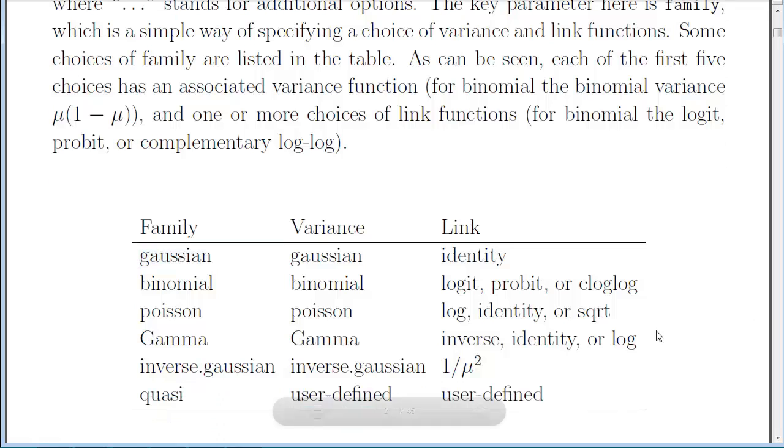In our case, in this chapter, we are going to use binomial as the family, and that means that there's going to be a binomial variance component rather than normal. By the way, this word Gaussian is the same as normal distribution.